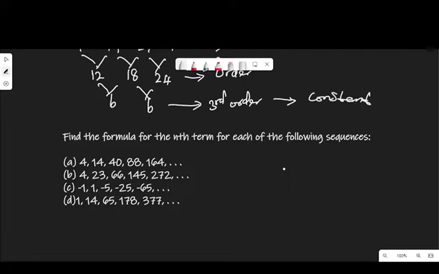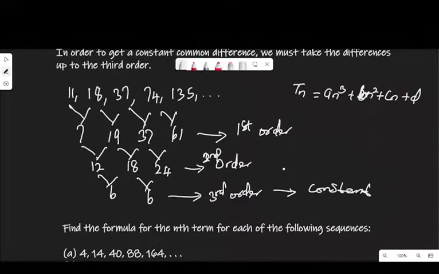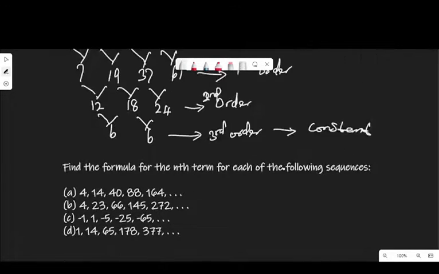So how can we get the nth term for this very sequence? To do that, we will use the formula from earlier: Tn is equal to an to the power of 3 plus bn to the power of 2 plus cn plus d.